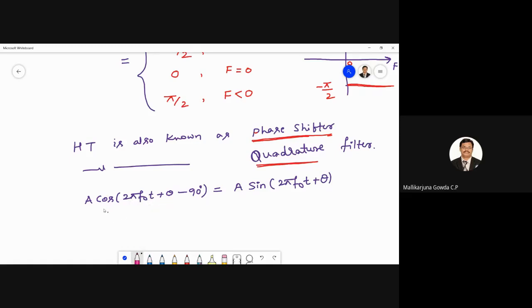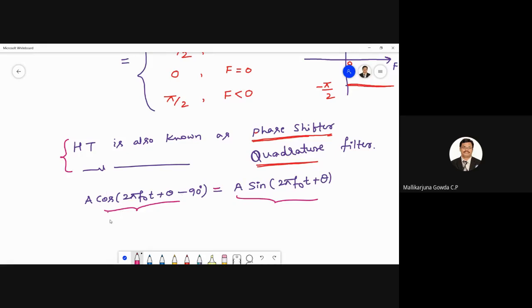Can I write like this? Say yes or no. Do you have your basics or not? Very fundamental, this one. Cosine of 2 pi f naught t plus theta minus 90 degree can be written as sine of something. So I can say this Hilbert transform converts cosine into sines.